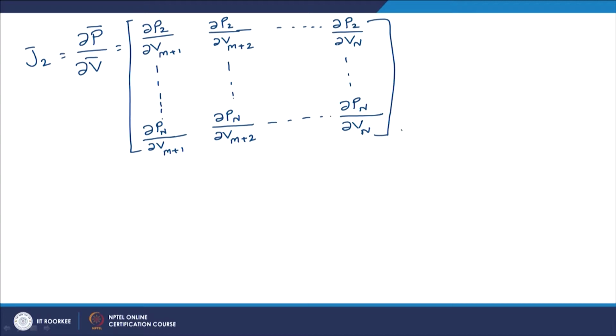It would be essentially an n minus 1 cross n minus m matrix. So, it is a rectangular matrix.